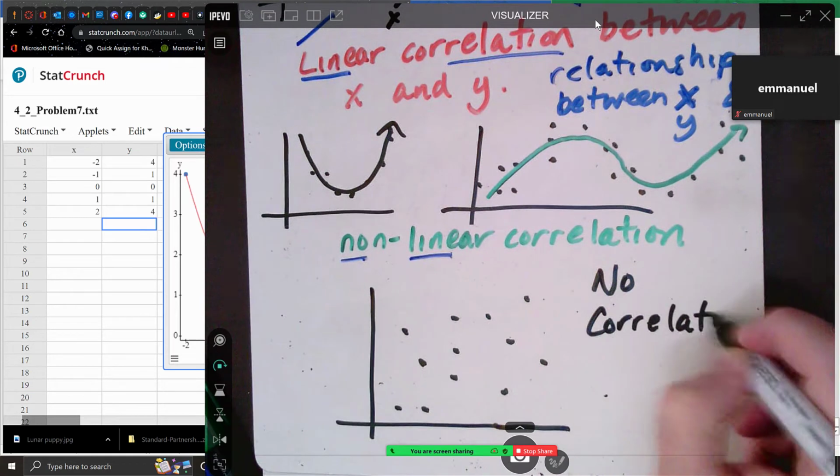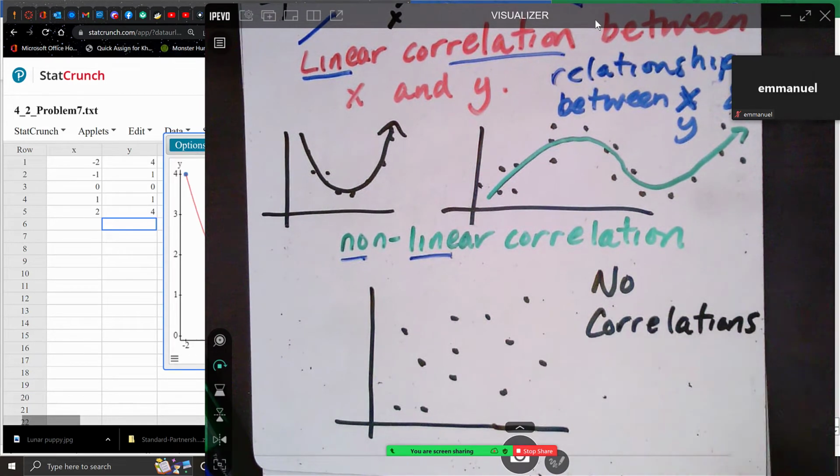I can't make a line that looks good for any of it. The data's just all over the place. Tell me when you're ready for more. I'll be erasing the board for a second.